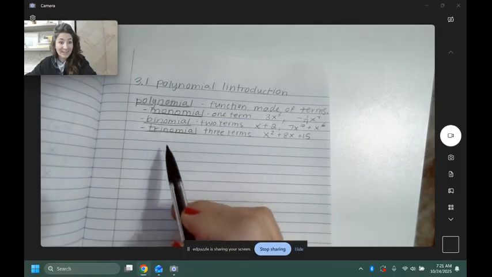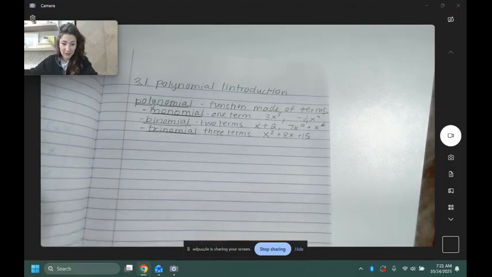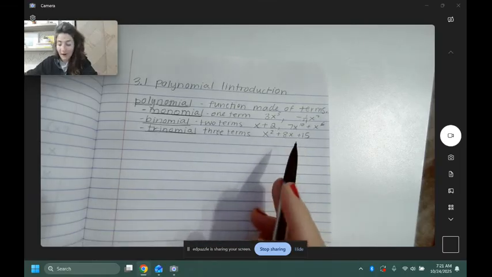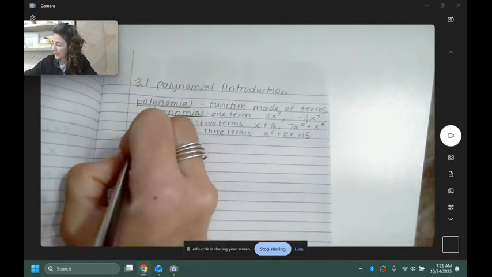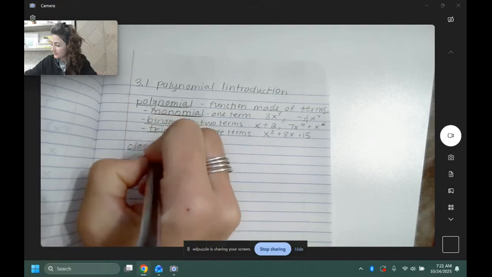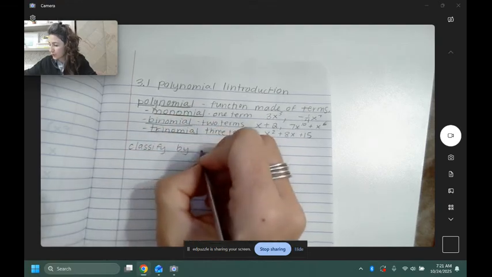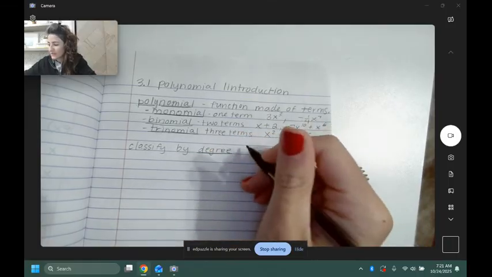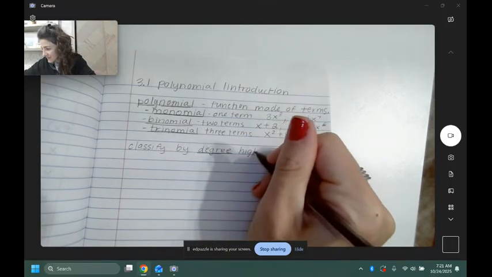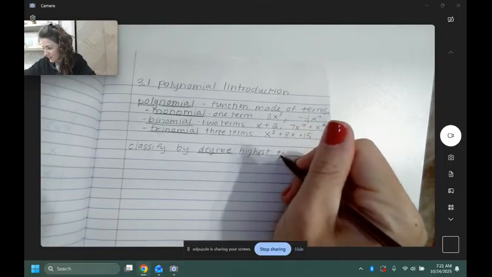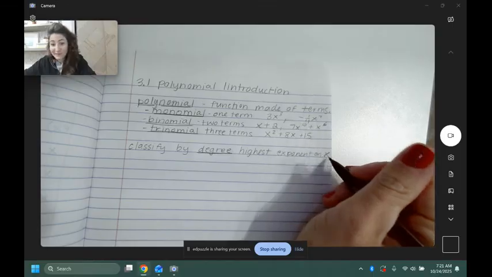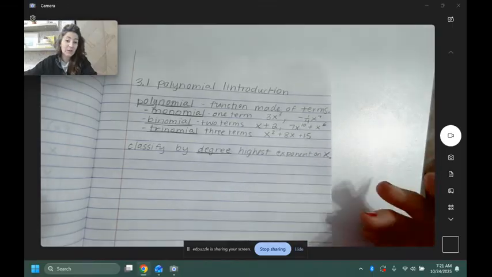But from here, the polynomials have another way to categorize themselves. That was based on how many terms there are. I can also classify by the degree. The degree of a polynomial is the highest exponent on a variable.